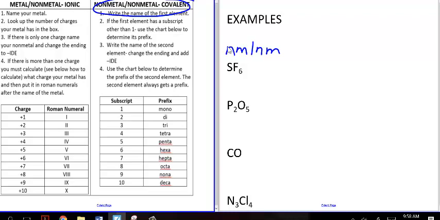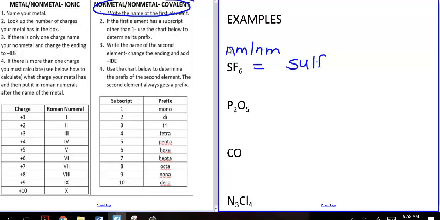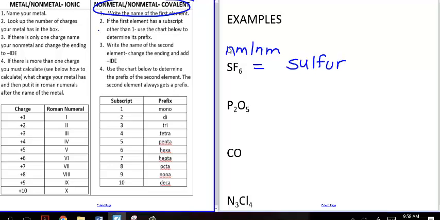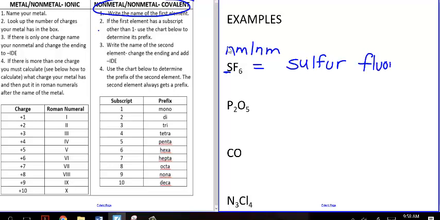And rule number 1 says write the name of the first element. So that's sulfur. Rule number 2 says if the first element has a subscript other than 1, use the chart below to determine its prefix. Well, sulfur doesn't have a subscript other than 1, so we can ignore that. Number 3 says write the name of the second element, fluorine.